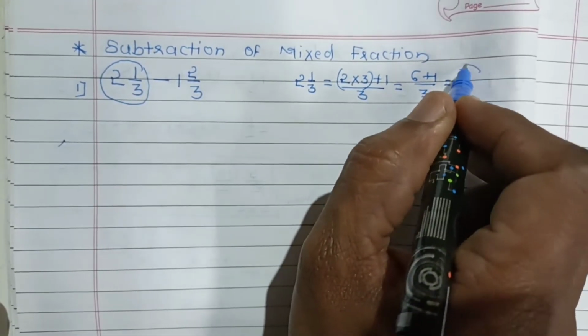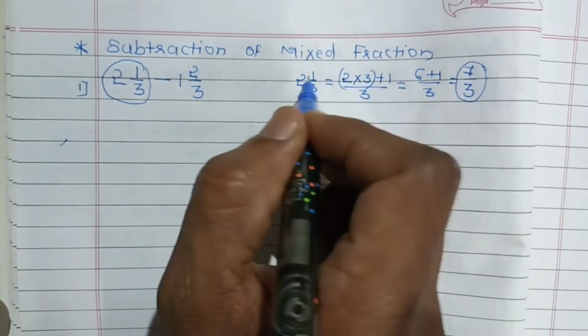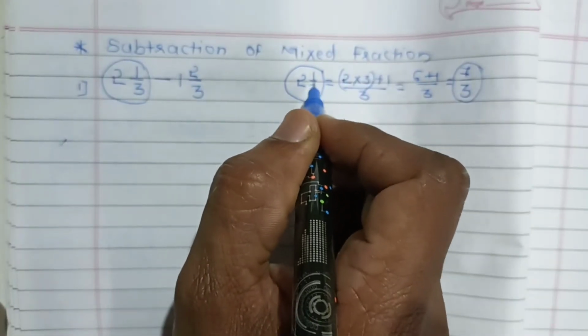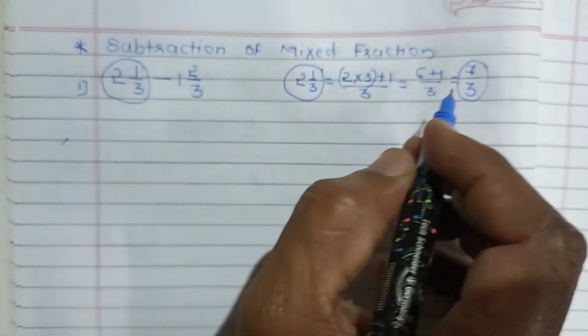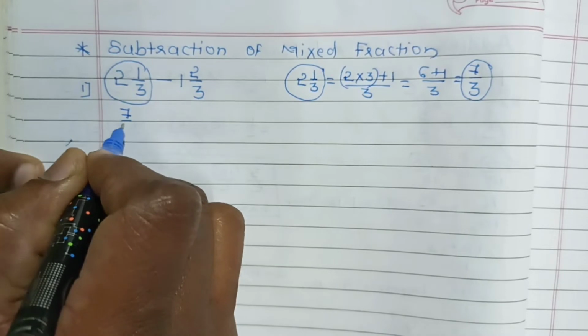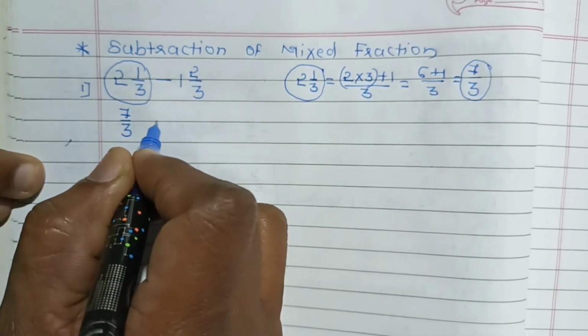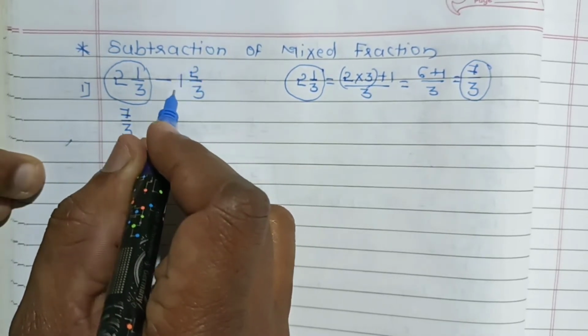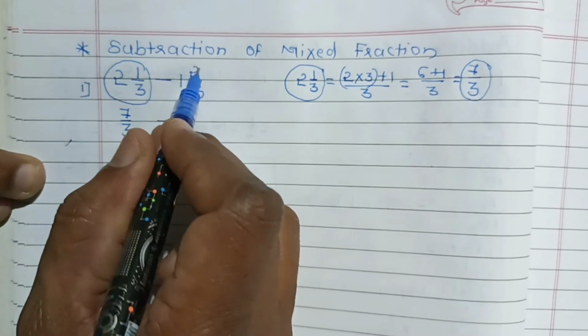So first we got the improper fraction of this 2 into 1 upon 3. So this 7 upon 3 improper fraction you have to write here now. 7 upon 3. Then minus sign you have to write here. Now you have to do the conversion of this 1 into 2 upon 3.